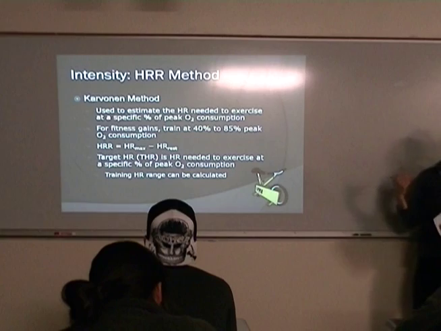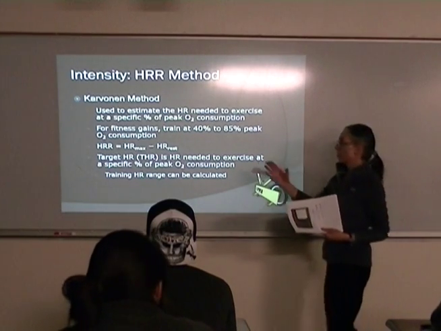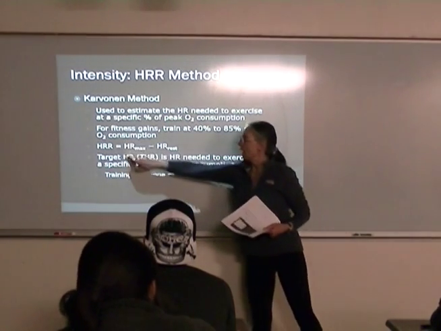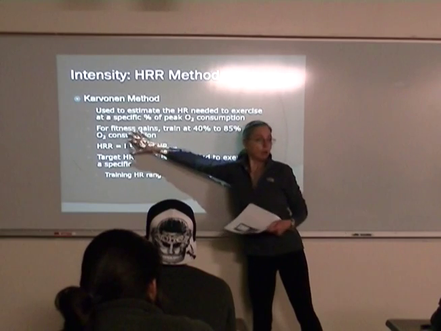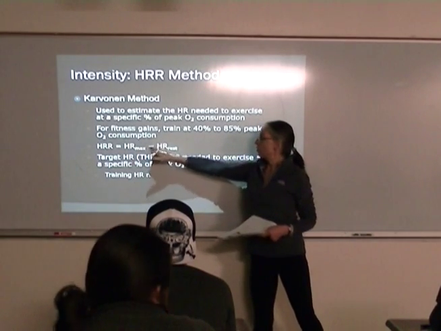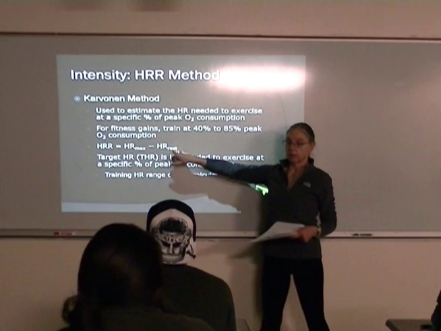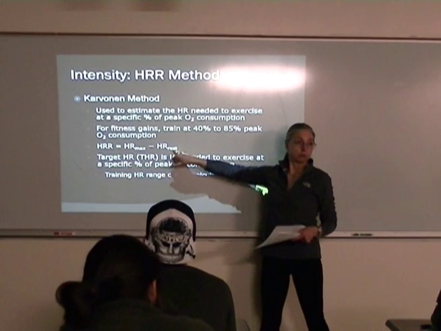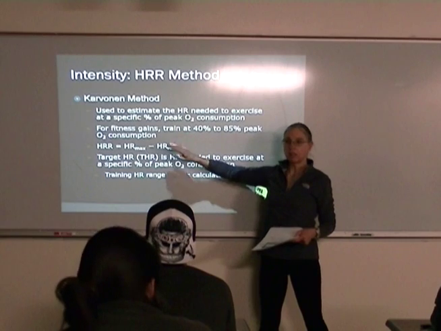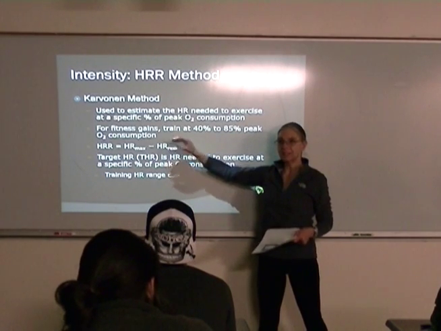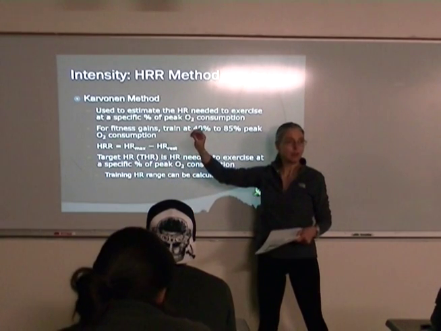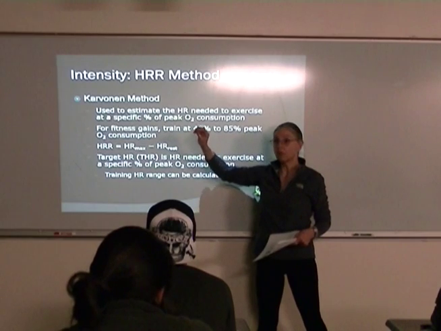And to calculate your heart rate reserve, you want to have your estimated heart rate max, and you subtract your heart rate at rest. Right? Be careful taking your heart rate at rest. It's very sensitive, so you have to have been resting for quite a while.